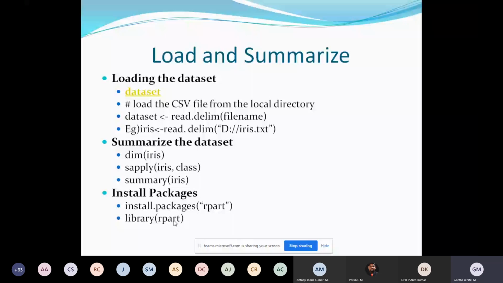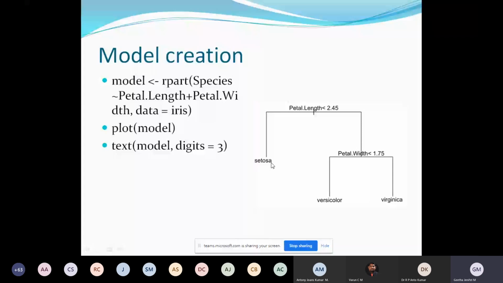The species has 3 classes: one is setosa, the second is versicolor, and the last is virginica. These 3 are the class variable, that is species. Species is the response. So I am going to build one model.